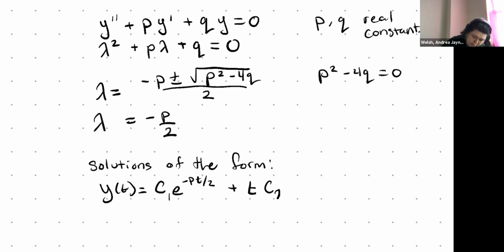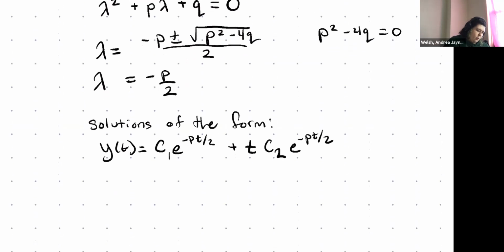This is constant 1, constant 2, e to the minus pt over 2. When I did this example in class, I said, just trust me on this t. But now I'm going to go through how we actually get that t.